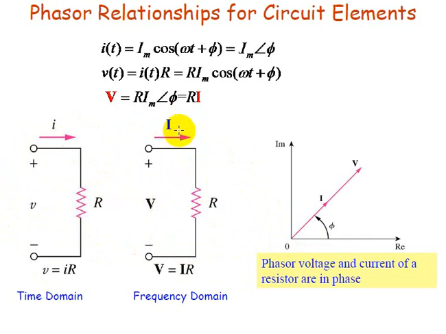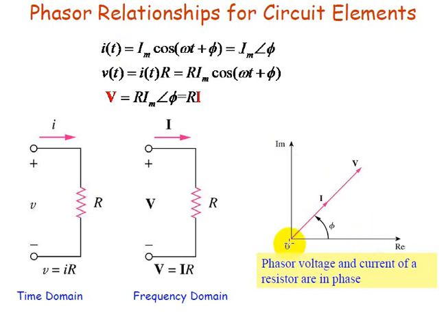If we convert this time domain circuit into the frequency domain circuit, the representation will just change. If we draw this phasor relationship in the phasor diagram, for voltage V the magnitude is R Im, and the angle is phi.